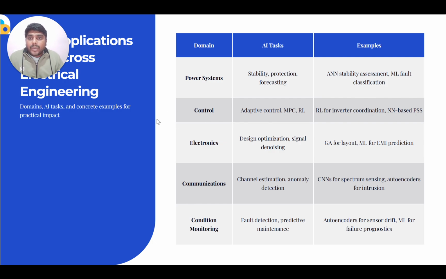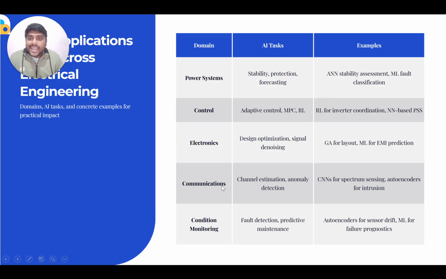In the control domain, we see adaptive control, model predictive control, and reinforcement learning applied for tasks like inverter coordination. This is a crucial area for integrating renewables. Moving to electronics, AI assists in design optimization and signal denoising. For instance, genetic algorithms and machine learning are used for tasks like EMI prediction.